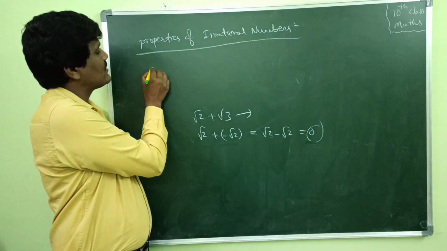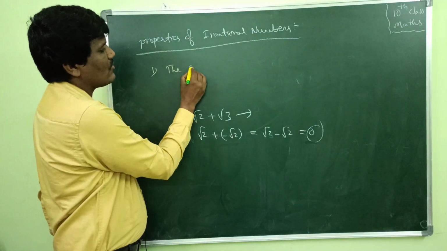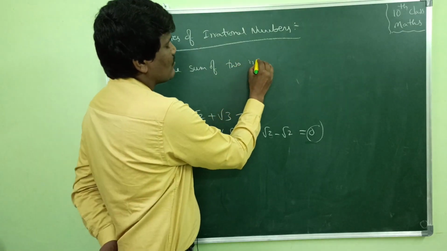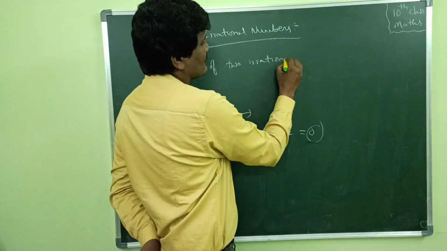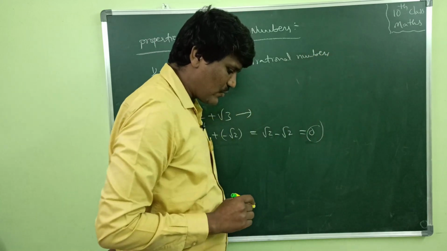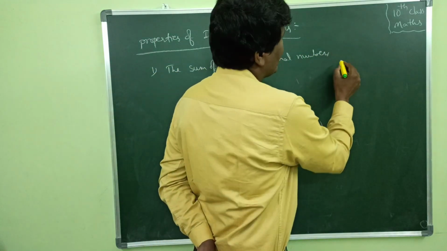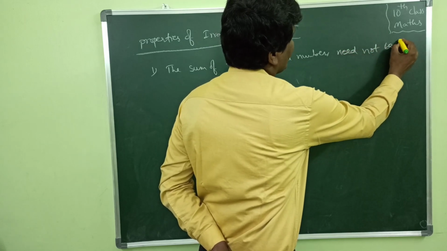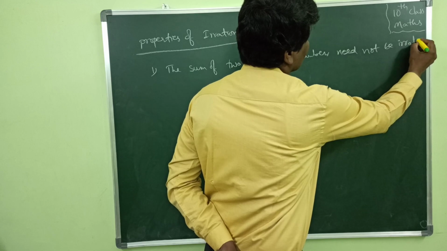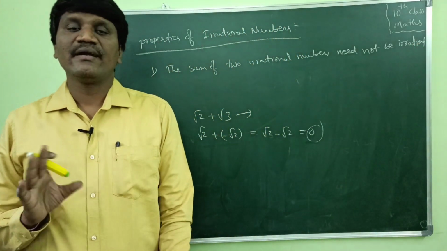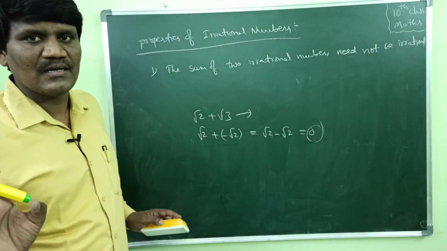So the property is: the sum of two irrational numbers need not be irrational.